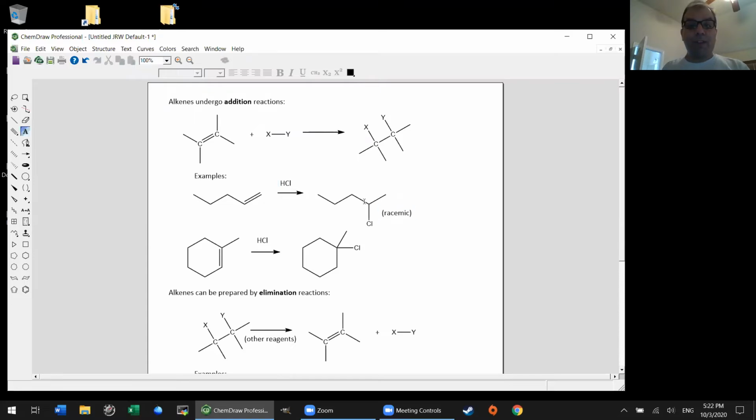And of course, this carbon over here, we just highlighted, that carbon is chiral because it's sp3 hybridized and has 4 different groups attached. But I would predict that we would get a racemic mixture. The way I know that is because when I look at the reagents involved, which are just 1-pentene and HCl, I don't see anything that would control the stereochemistry of the product.